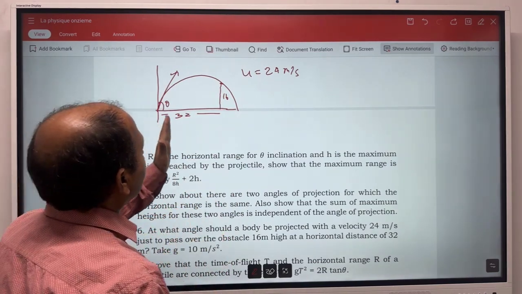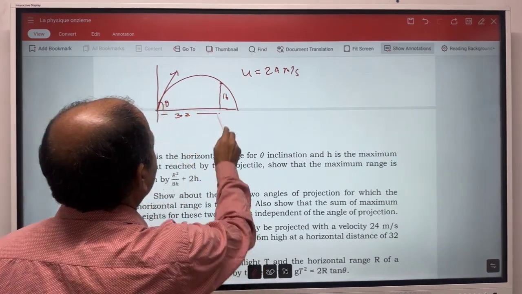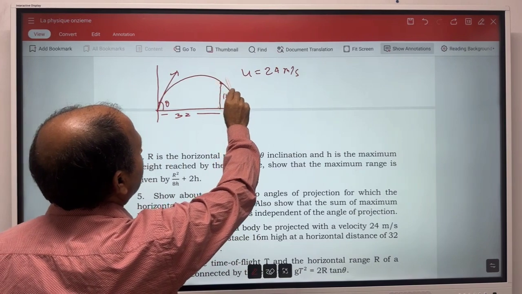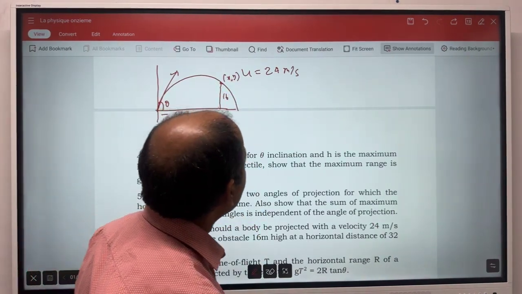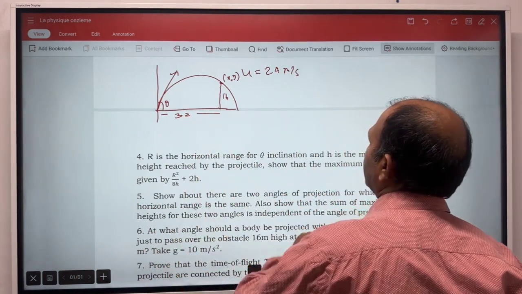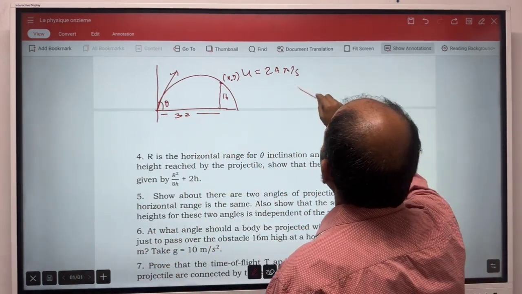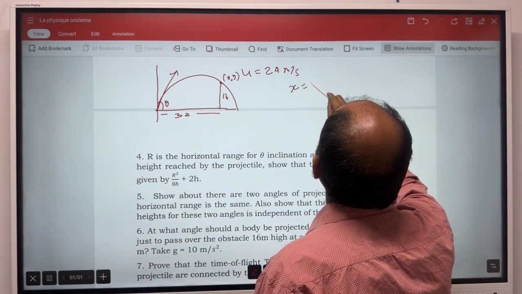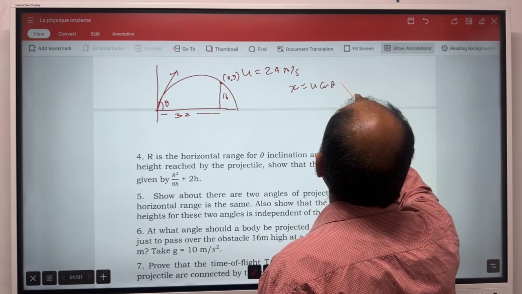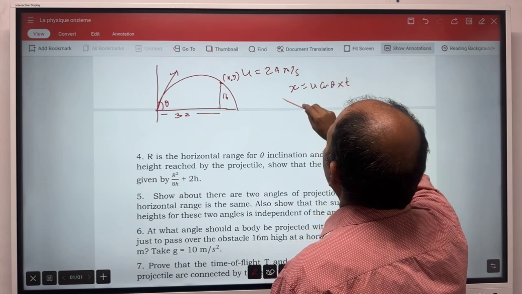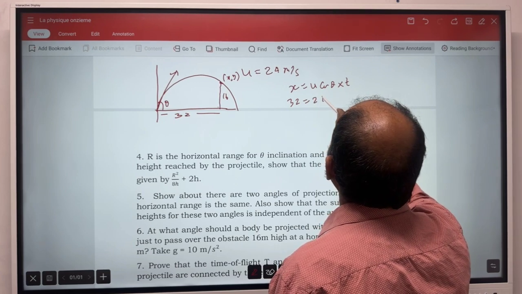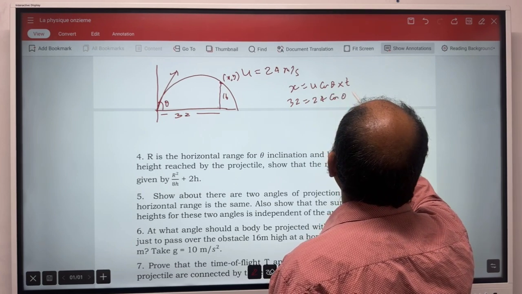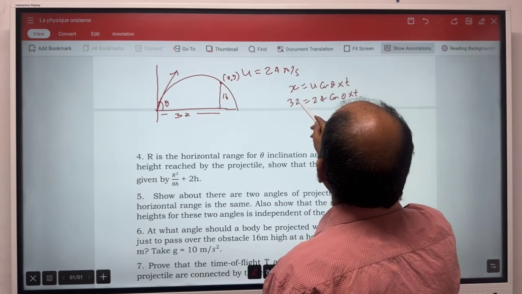So you can say this is the situation. Suppose at time t we find this situation that x coordinate is this, y coordinate is this, means this is (x, y). So for that we write the equation of motion along x-axis and y-axis. Motion along x-axis is x equal to u cos theta into t. x is 32 equal to u is 24 cos theta into t.